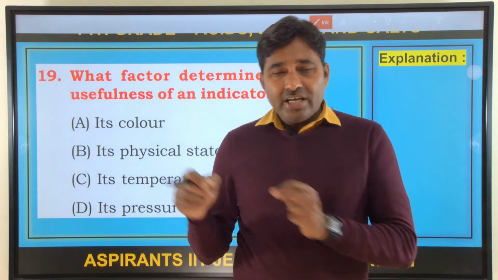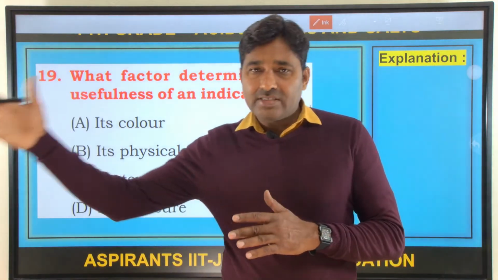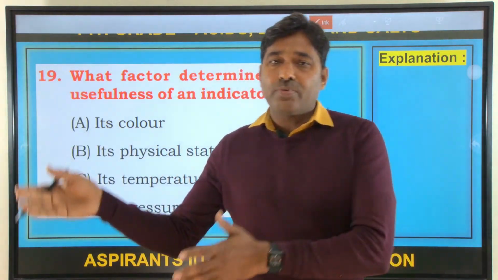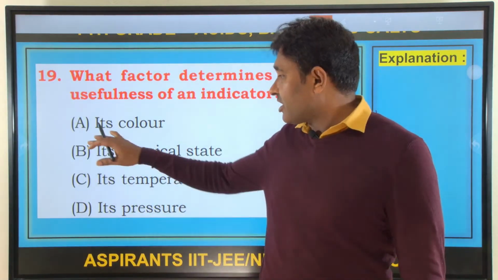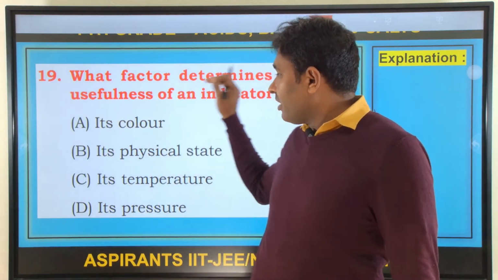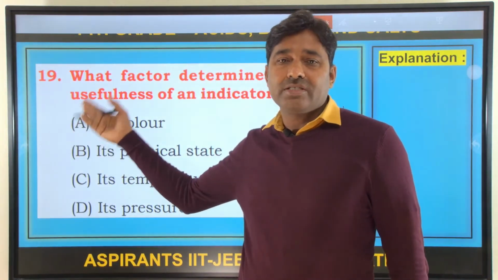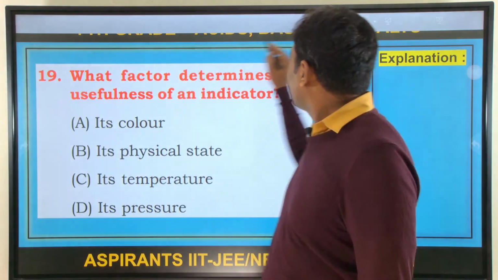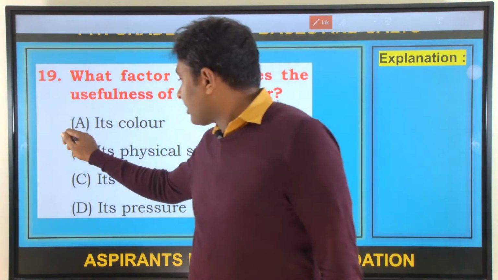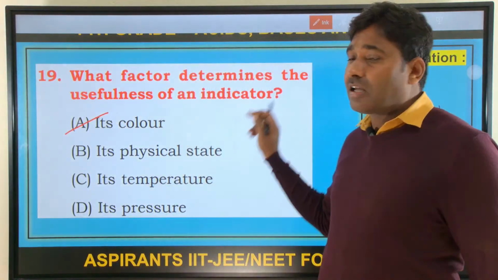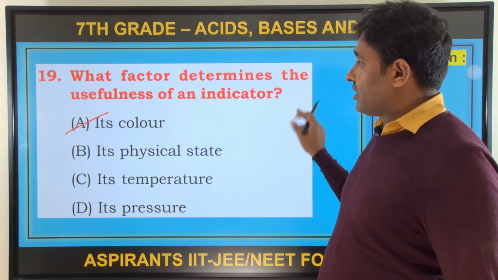By changing their color, they show us whether the component is acidic or basic in nature. So our answer is its color. By changing their color, they indicate whether the given solution is acidic or basic.